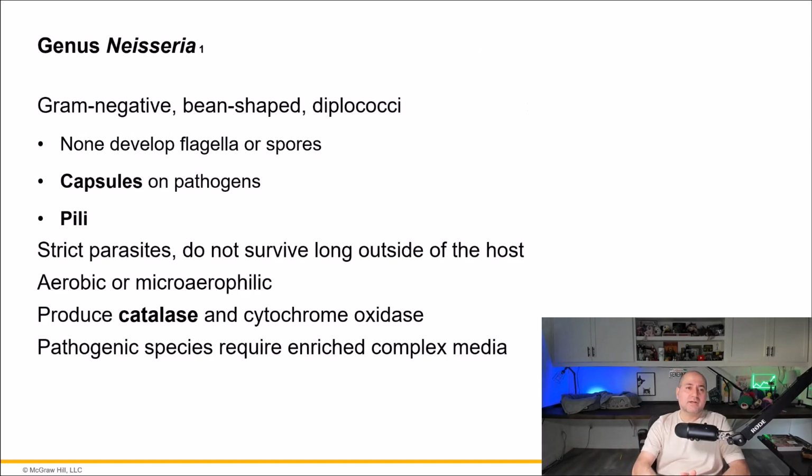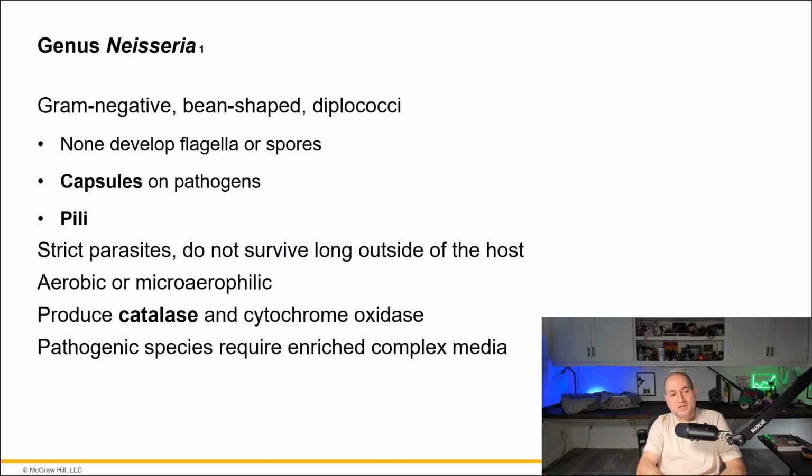Again, these are gram-negative bean-shaped diplococci. That means they hang out in pairs, though they aren't perfect circles, right? They're not perfect cocci shape. They're bean-shaped. They do not develop flagella nor endospores. They do have capsules, right? The pathogenic strains are capsulated.